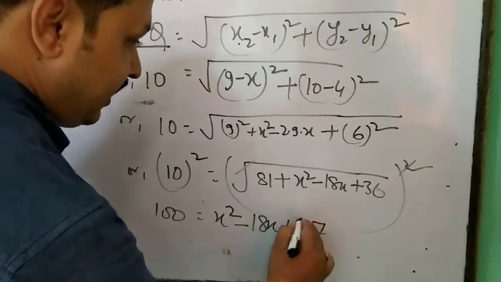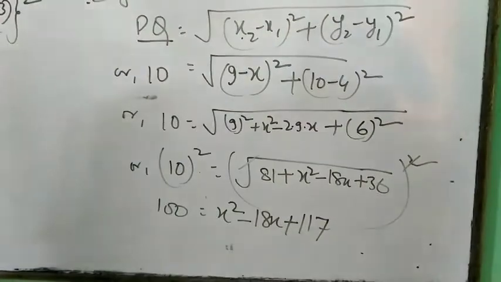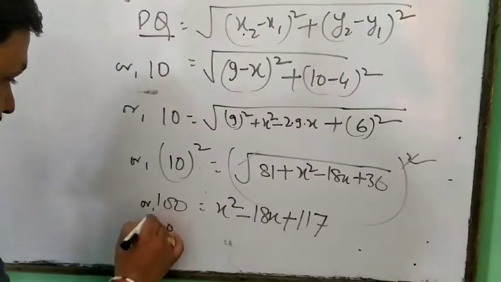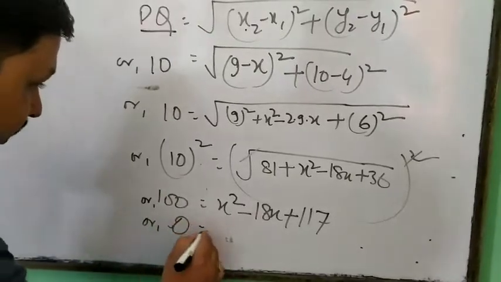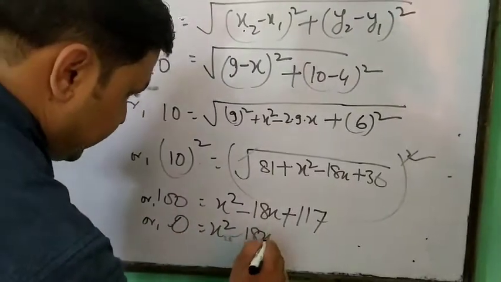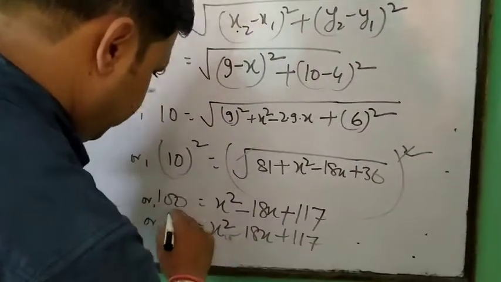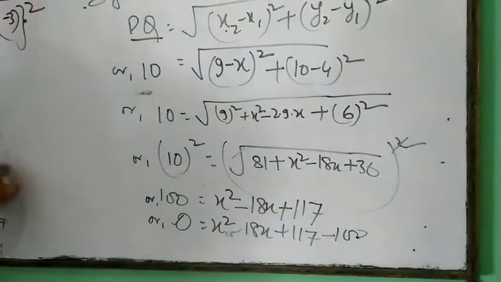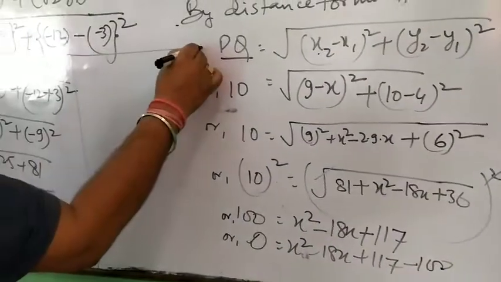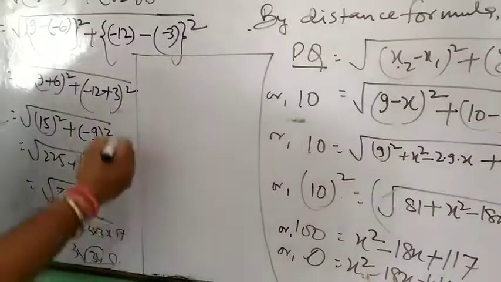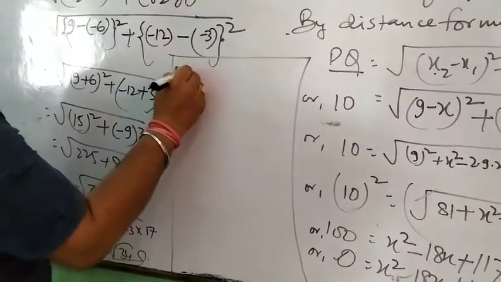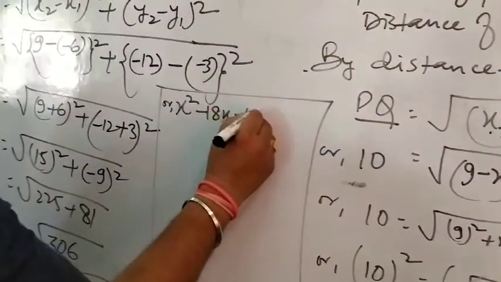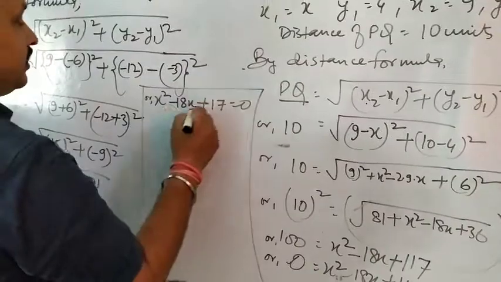81 plus 36 is 117. So here the result is 0 equals x square minus 18x plus 117 minus 100. It should be written as x square minus 18x plus 17 equals 0.